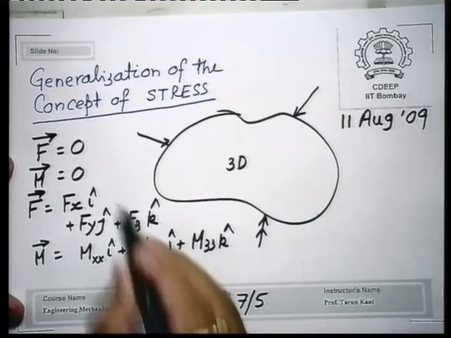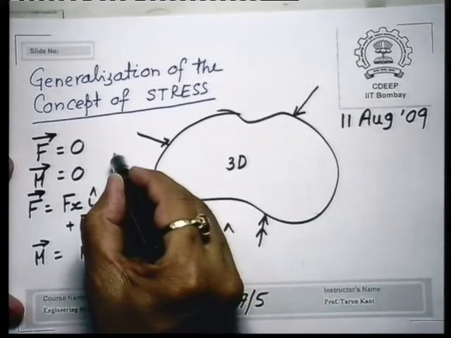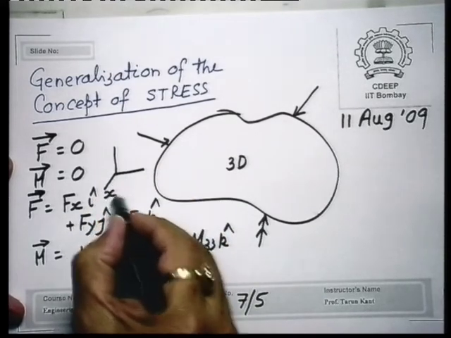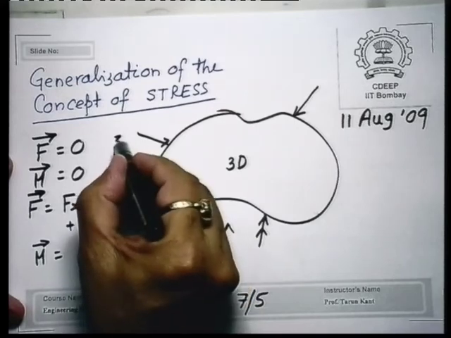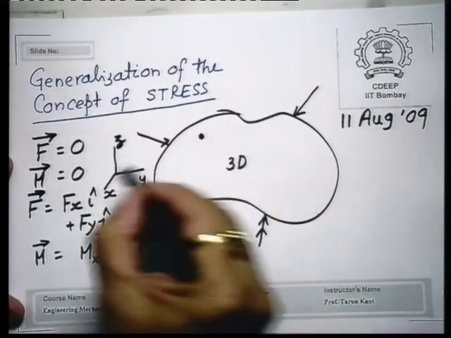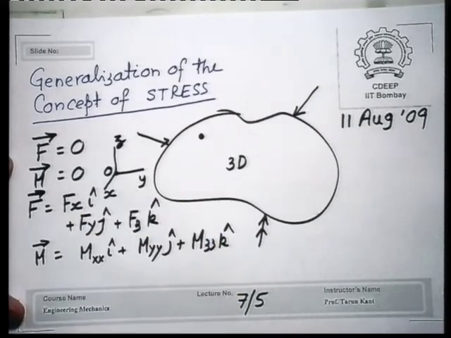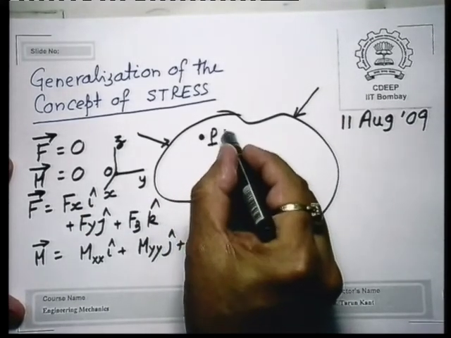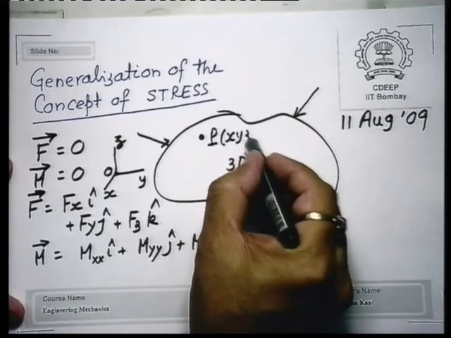These are moments about 3 axes. So, let us say for this body my axes are like this, this is x, this is y, this is z. Any point P is measured with reference to this origin O here. P has got coordinates x, y, z.